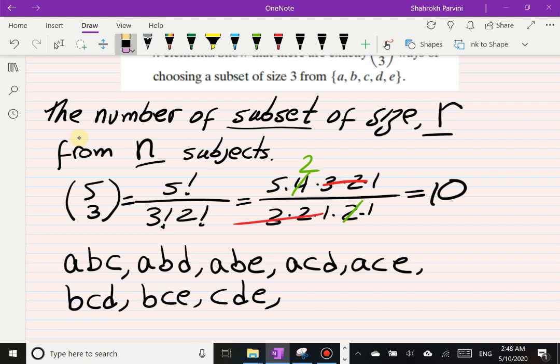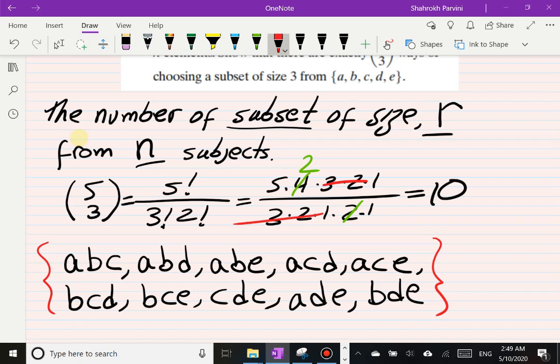B, C, E, C, D, E, A, C, D. Okay, how about A, D, E? That's what I'm doing next. Then the last one is going to be B, D, E. And there you have it. We just showed that there are 5 choose 3, which is 10 subsets of size 3 selected from those 5 letters of the alphabet.